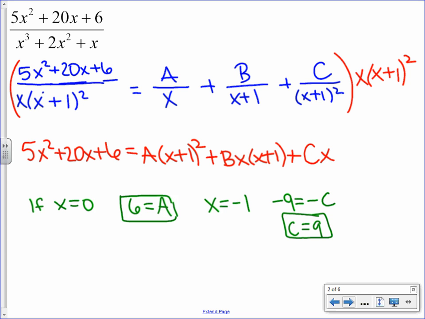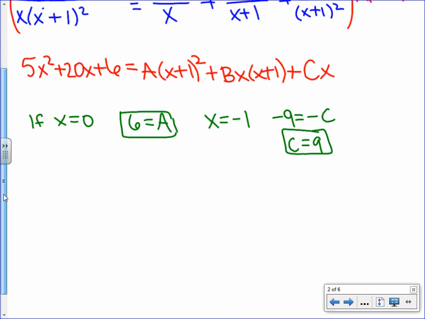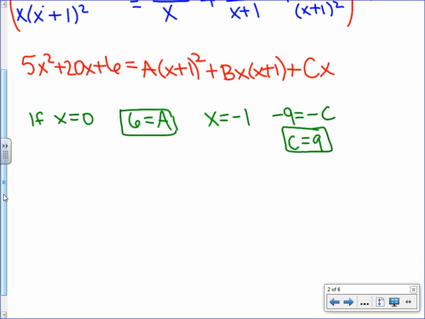Okay. Now, since we have a repeated factor, we are out of numbers to make factors go away, but we still have to solve for B. Is B the only one we have left? Okay, so what we can do is choose a nice number to plug in. What would be an easy number to plug in to where we can solve for our one variable that we have left? 1. Sure.